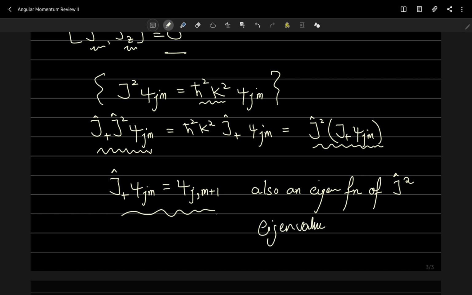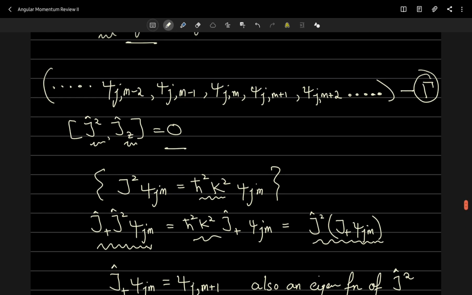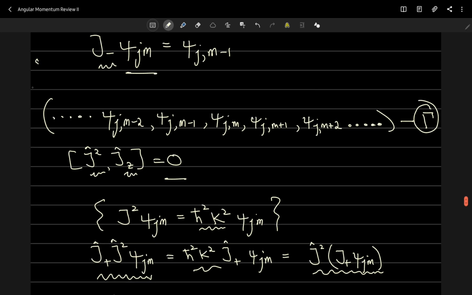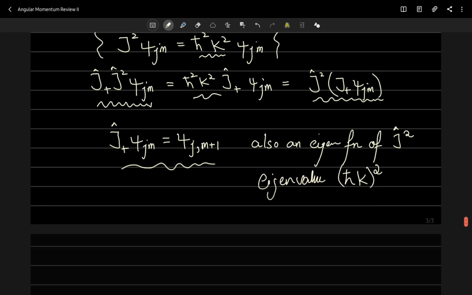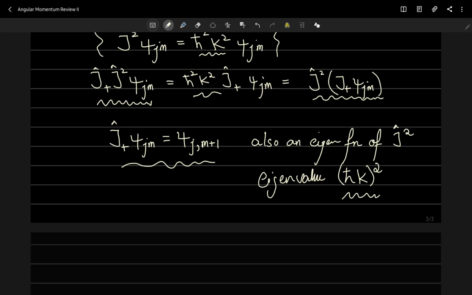If you look at this equation, it is h bar k whole squared. So it follows that the sequence of eigenfunctions of jz found previously, this equation gamma that we have, are all eigenfunctions of j squared corresponding to the eigenvalue h bar k whole squared.